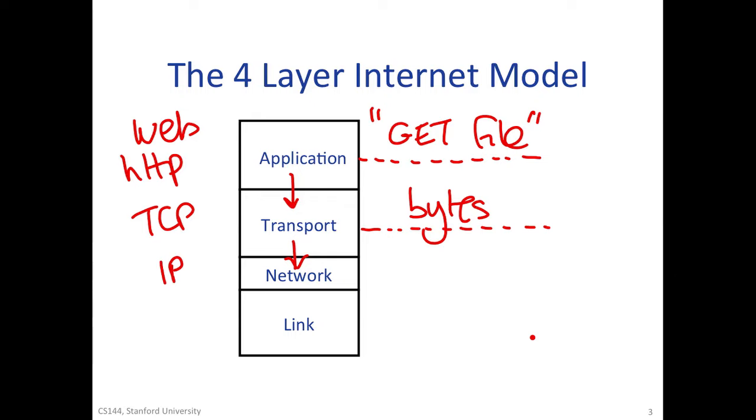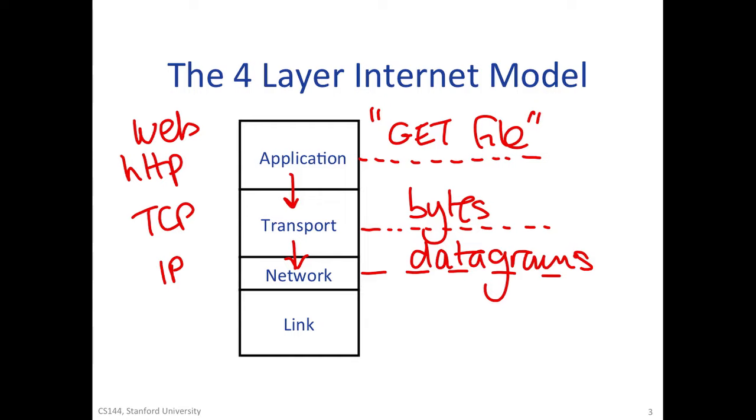So the IP layer assembles the bytes into what we will call datagrams. And these are really packets that contain the bytes passed down from the transport layer. And it's going to add an address, the IP address, to tell the network how to deliver that packet to the other end, hop by hop, packet by packet across the internet.